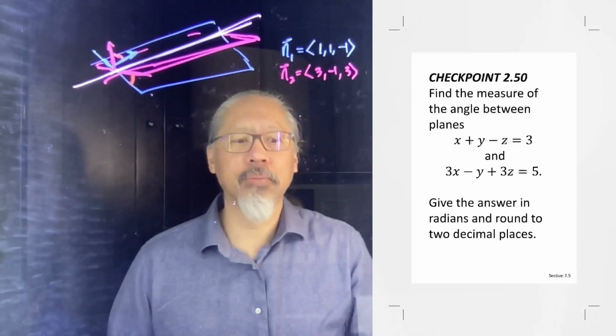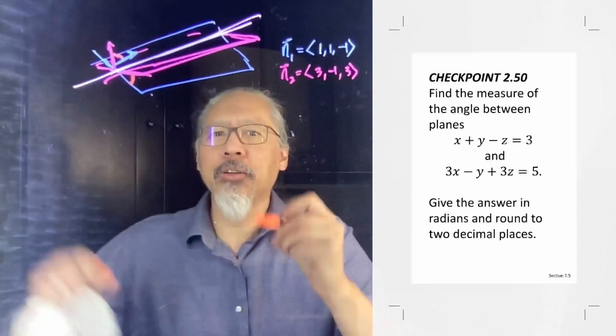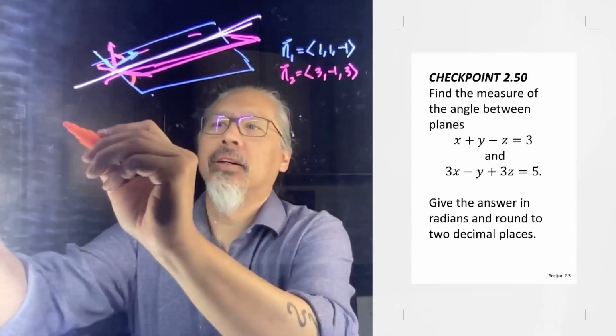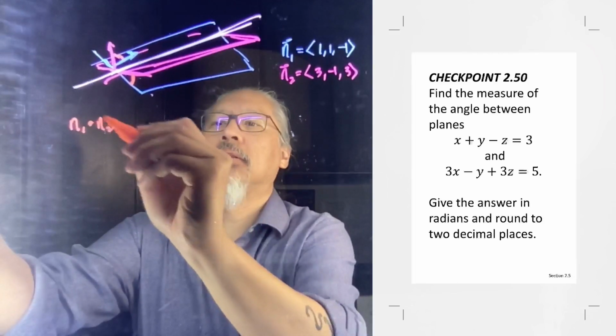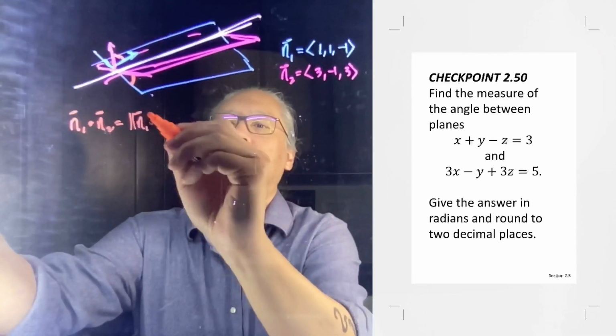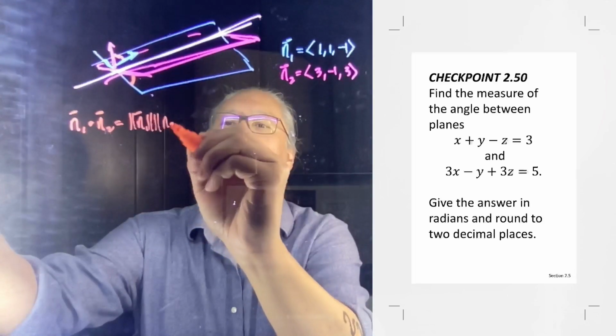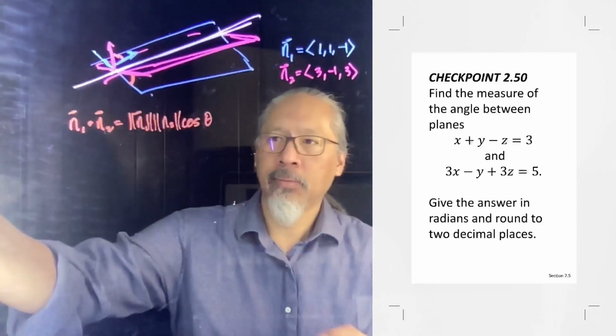To find the angle between them, if you remember the dot product, n1 dotted with n2 is equal to the magnitude of n1 times the magnitude of n2 times the cosine of the angle between them.